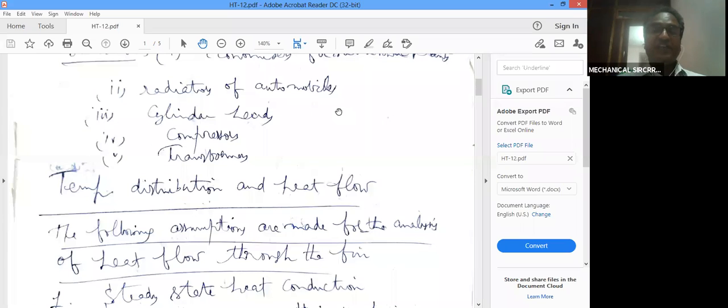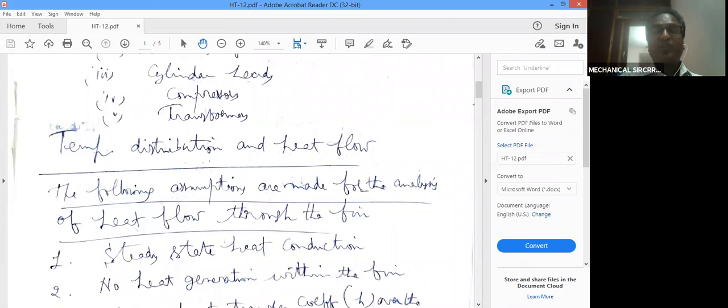The function of the fin is to increase the surface area. If you provide more number of fins, with that you can increase surface area. If surface area is increased, more heat is removed from the transformer or cylinder head or radiator, like that. So those are the uses or functions of fins, to remove the heat by increasing the surface area.